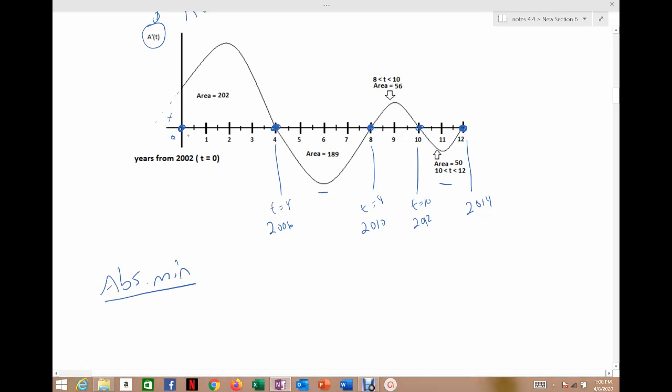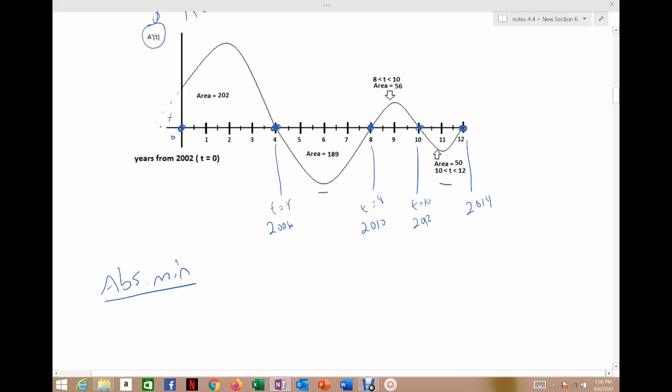So 0 wouldn't be a minimum. It could possibly be a maximum, although I doubt it because I'm adding people after it. It's not going to be a minimum because I'm gaining over the year 0. Then I look at my critical values. At 4, I have a big gain up to 4, so I would increase and then stop at 4. That would not be a max, that would be a minimum.